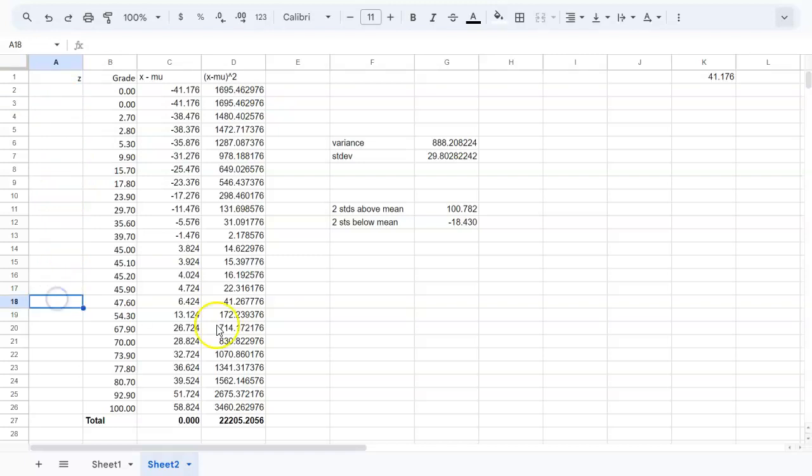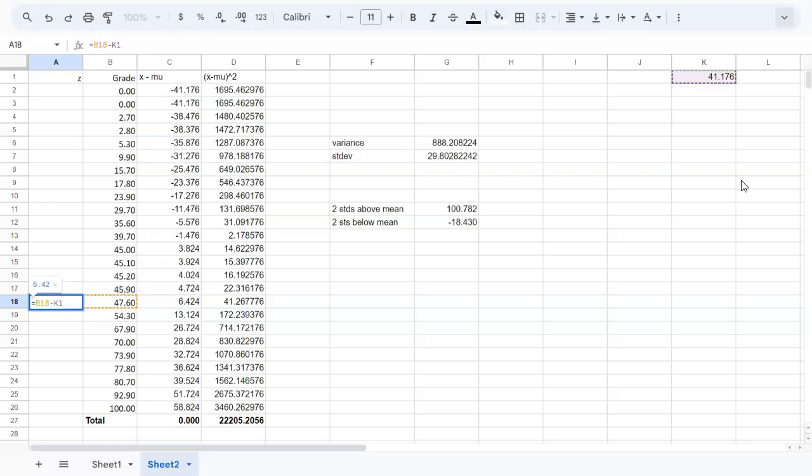I'm going to eventually do it for all. But the z-score is going to be this number. How far away is this number from the mean? And in this case, it's very important that you do the number that you're interested in minus the mean, because you want to know whether or not it's above the mean or below the mean, right?